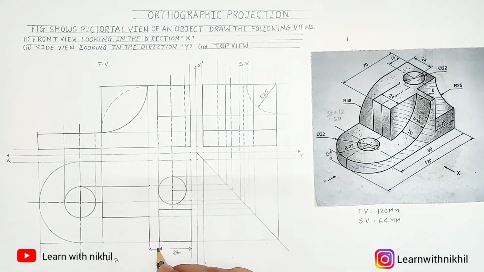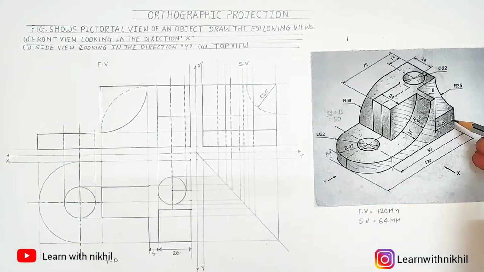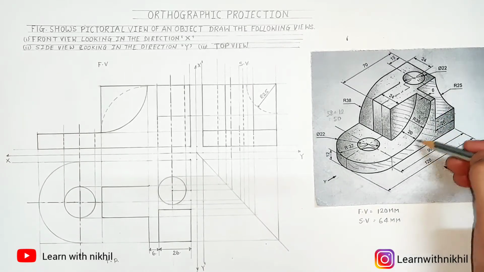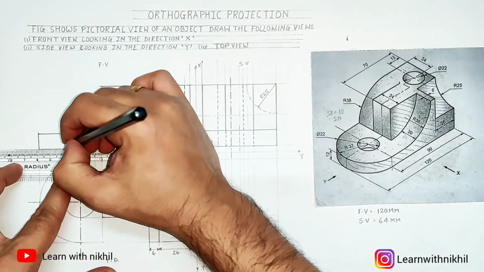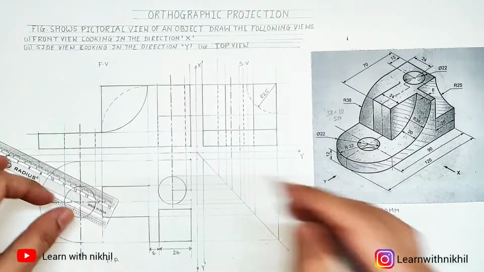As you can see, I am going in one direction. First I marked 26, then I marked 6 mm. Now I am marking this point, so you will not miss any dimensions.